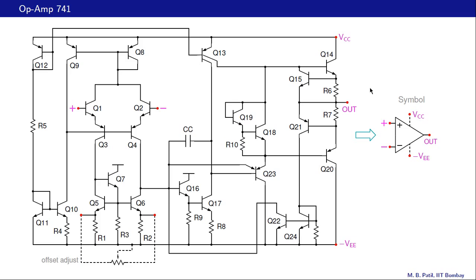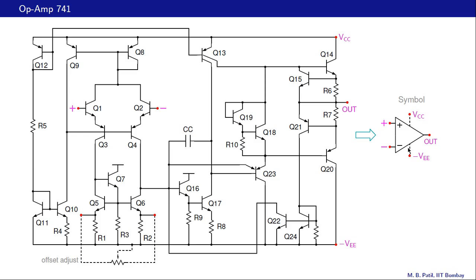In addition, we have these power supply nodes VCC and minus VEE. VCC could be 10 volts and minus VEE could be minus 10 volts, for example. So they are complementary, and this VEE normally is treated as a positive number, so minus VEE is negative.